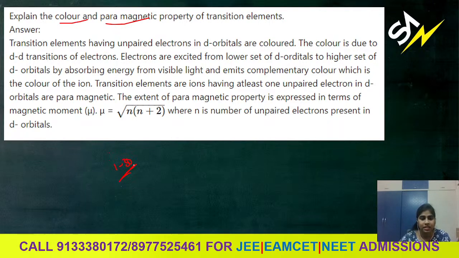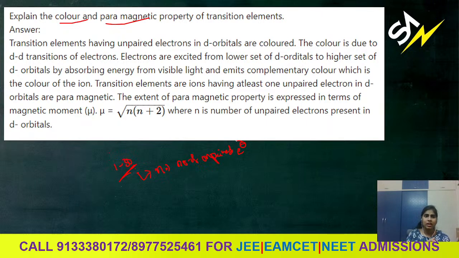If you remember this, you can easily answer any questions regarding this color and paramagnetic property and about these Bohr magnetons. If you remember these configurations for 1 to 30 elements, you can easily answer the n values, that is the number of unpaired electrons. Unpaired electrons you can easily calculate.